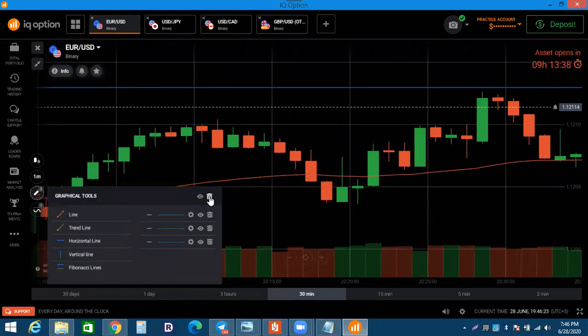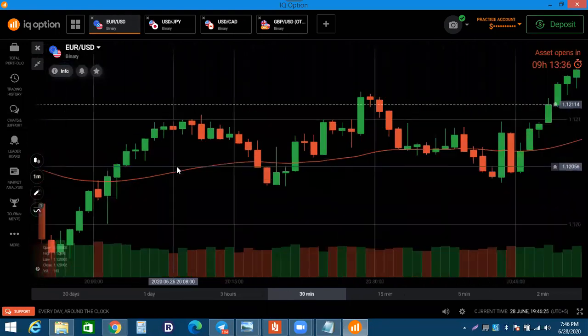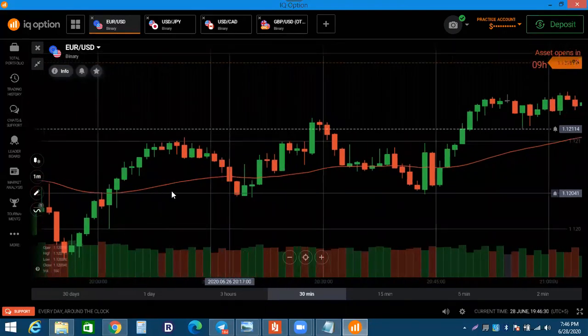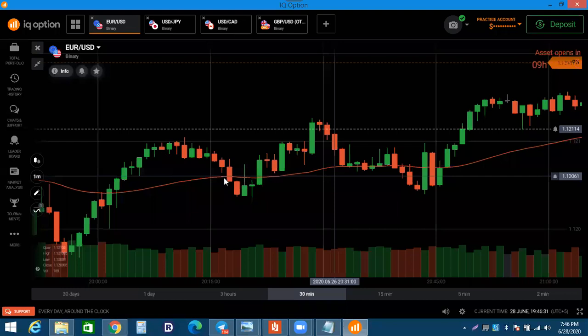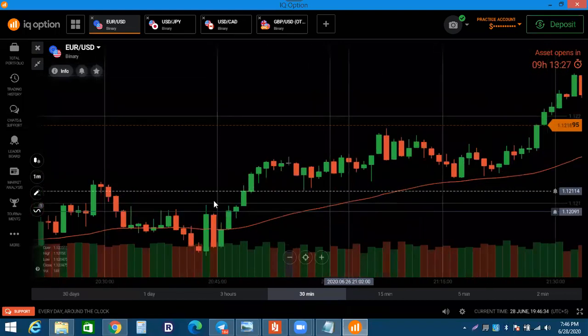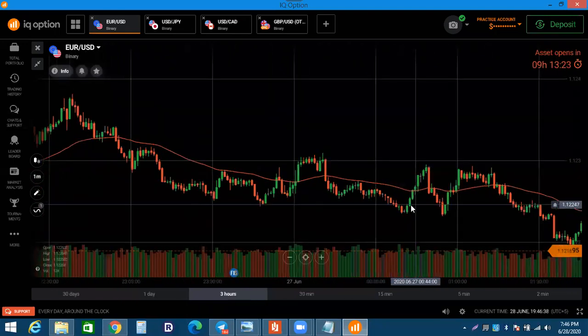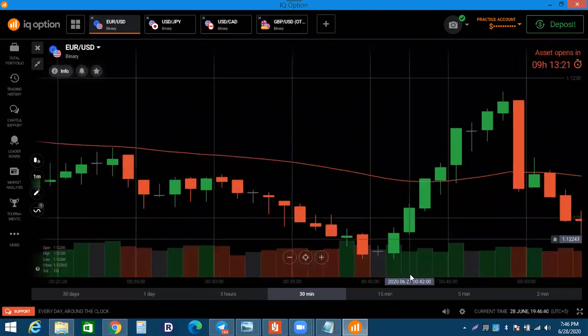Look at these candles. I just want to clear the example, the easiest example, then you can understand. Yes, here.